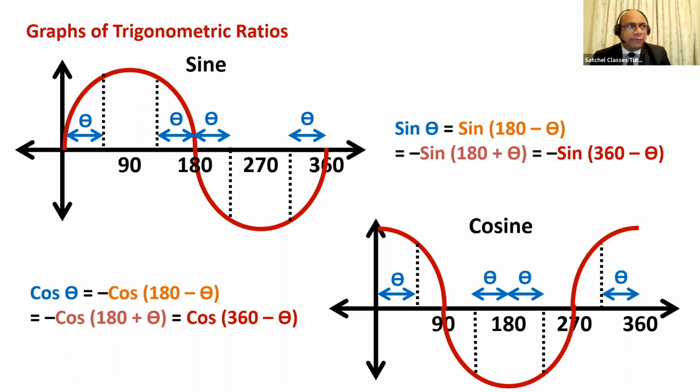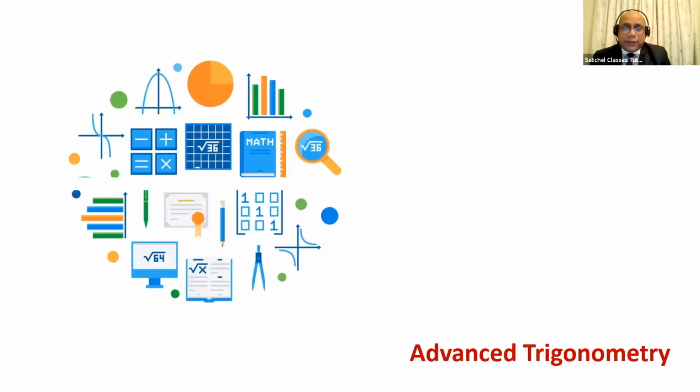right? Well, that's the end of advanced trigonometry lesson. I hope you understood the concepts that were taught in this lesson, right? The three things that we learned. First, we understood the reciprocals of the standard trigonometric functions, sine, cos, and tan. The reciprocals are cosec, sec, and cot, right?